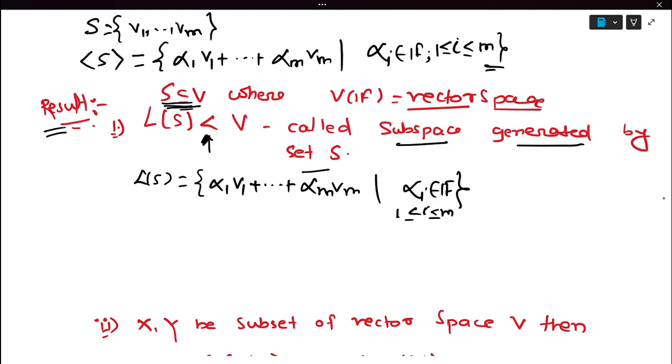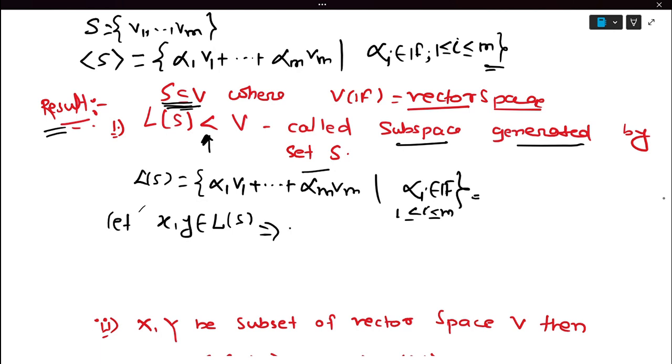Now we have to show this is a vector space, so we can use the subspace test. Take any two elements from L(S). Let x, y belong to L(S).